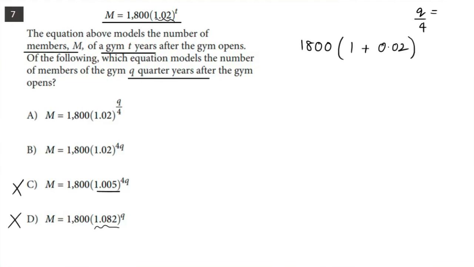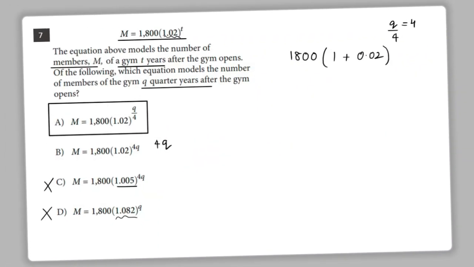So if you put Q equals 4, you will see that in one quarter, it will be increased by 1.02. So clearly A is the correct answer. Why is B incorrect? Because it is increasing this function way faster. It is taking 4 full quarters. So that is incorrect. So A is the correct answer.